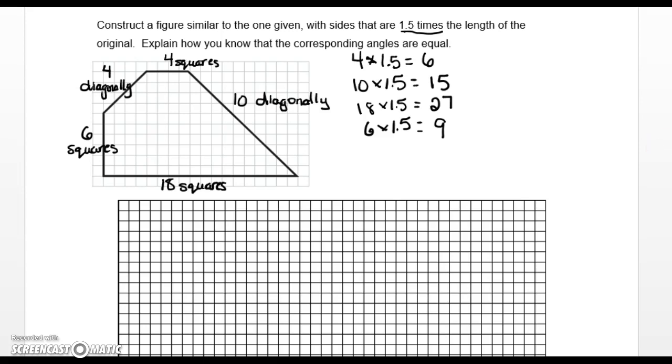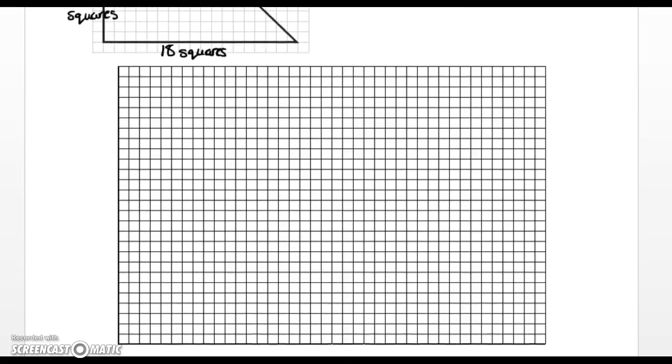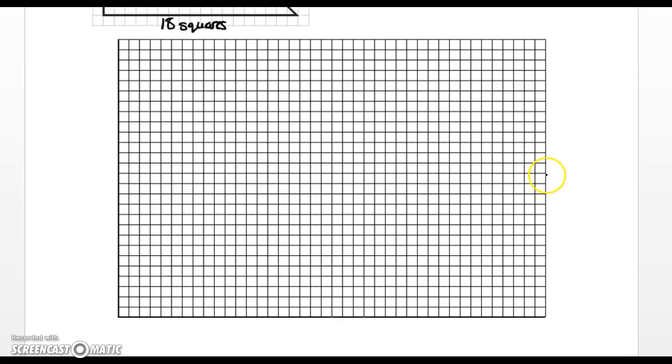So I'm going to scroll down here to our little graph paper and sketch my image. I'm going to start with the top of my image, and I'm going to go roughly a little bit higher on my chart, and a little bit more into the center. That dimension there, if you guys remember, should be 6 squares long. So I'm going to start somewhere in the middle and go 6 squares long.